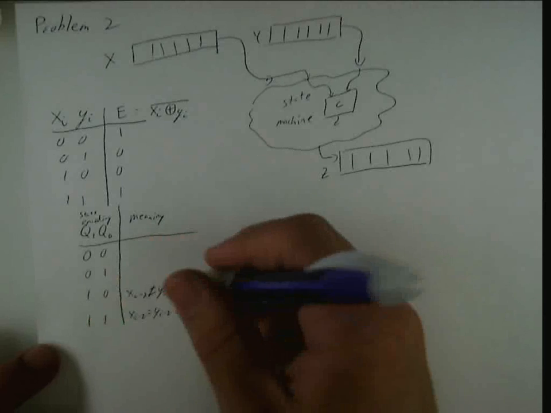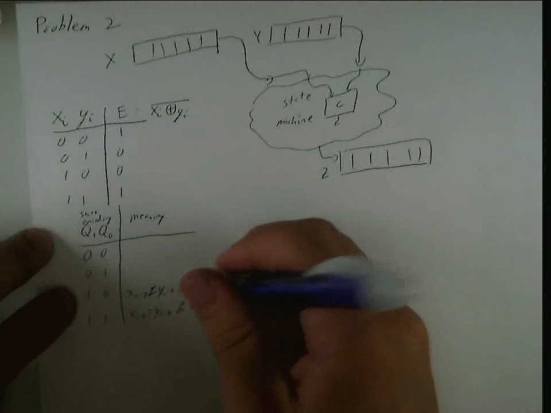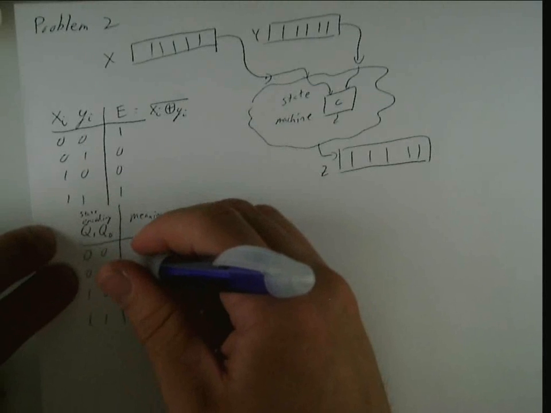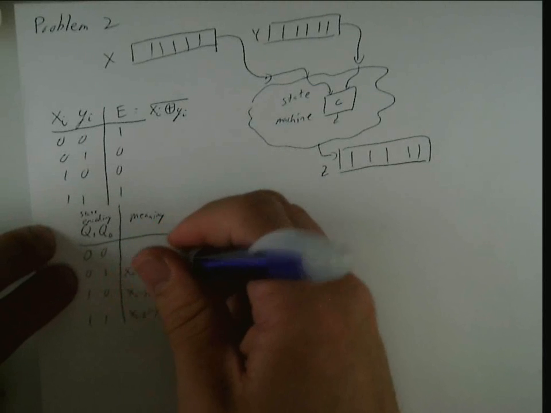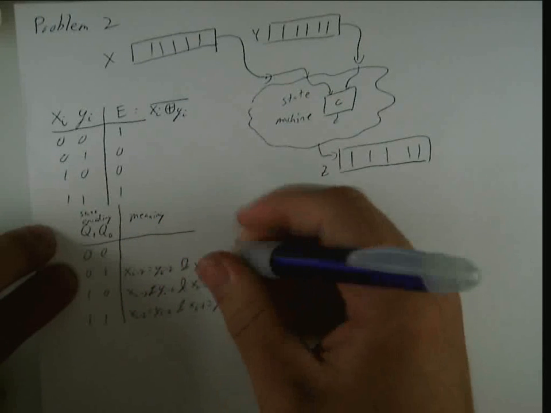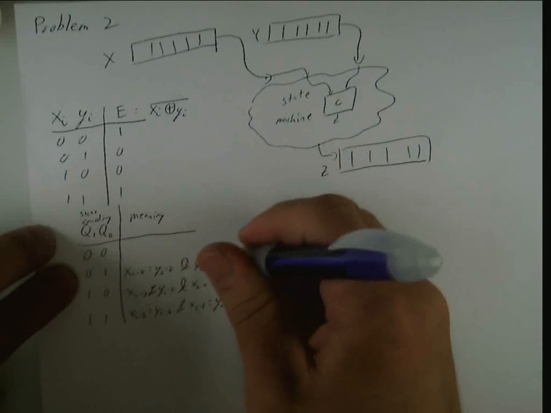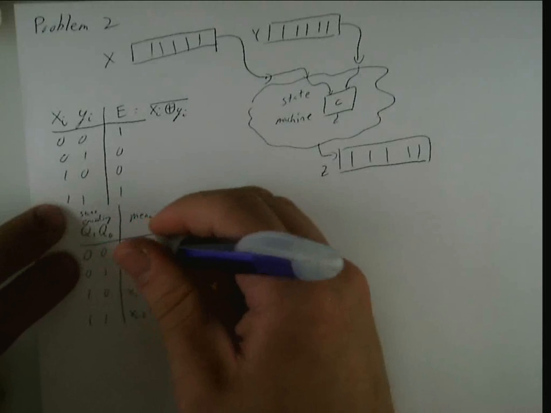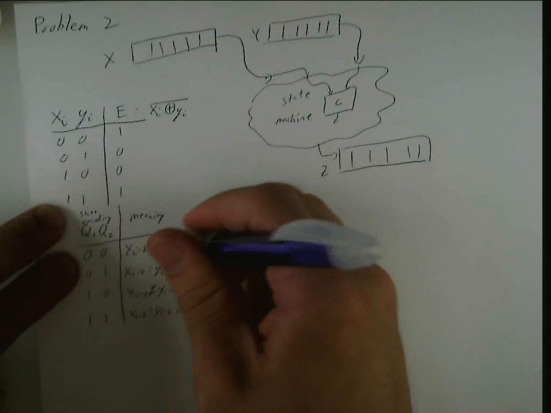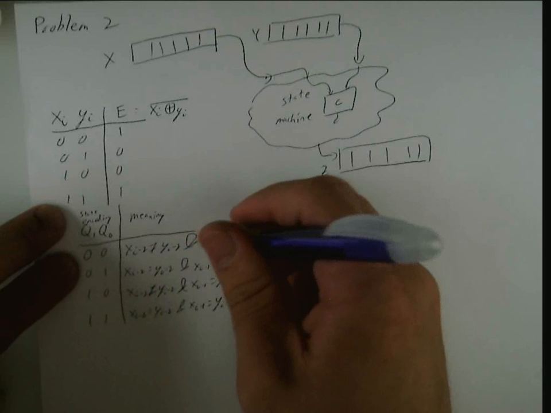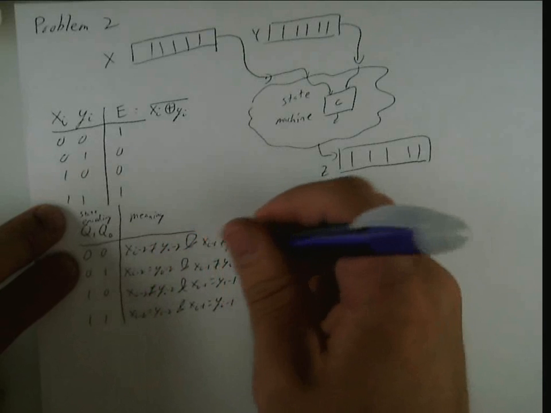So that's this one. And this is x sub I minus 1 equals y sub I minus 1. This is going to be x sub I minus 2 equals y sub I minus 2, and x sub I minus 1 does not equal y sub I minus 1. And here, x sub I minus 2 does not equal y sub I minus 2, and x sub I minus 1 does not equal y sub I minus 1.